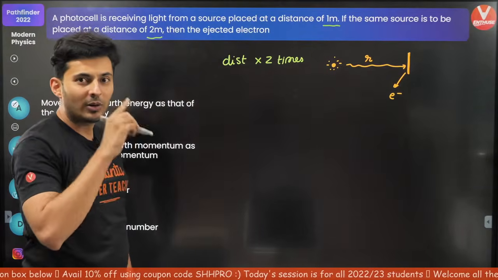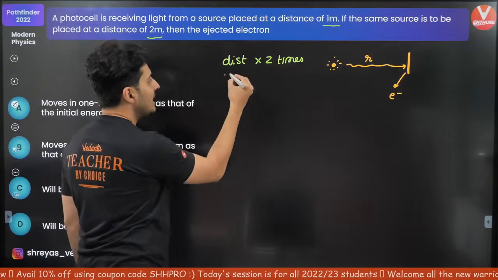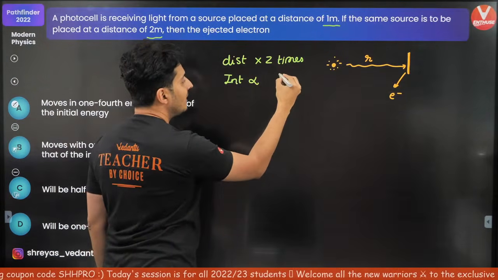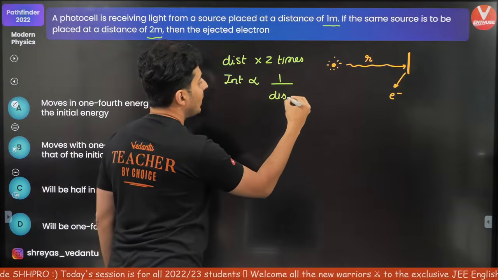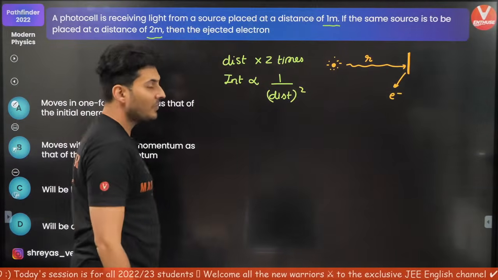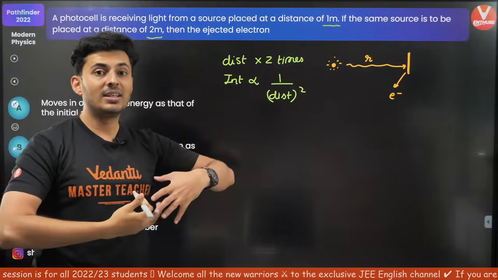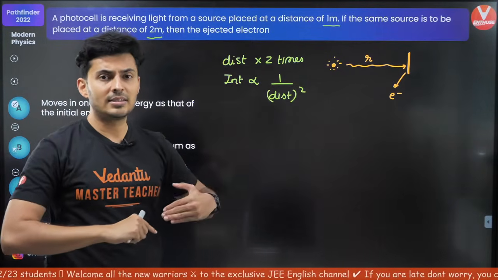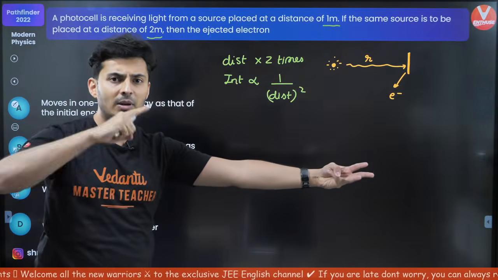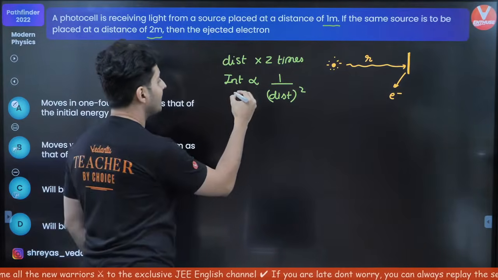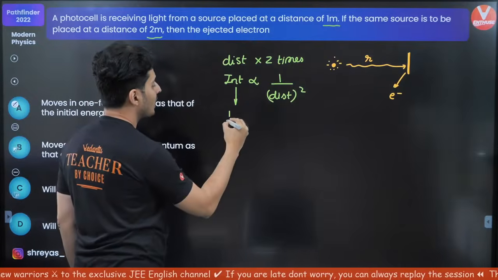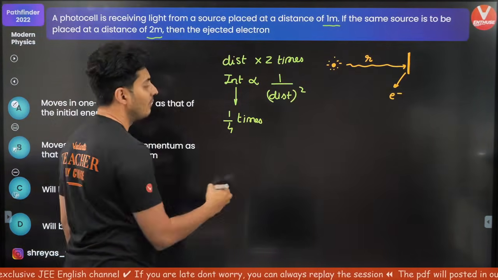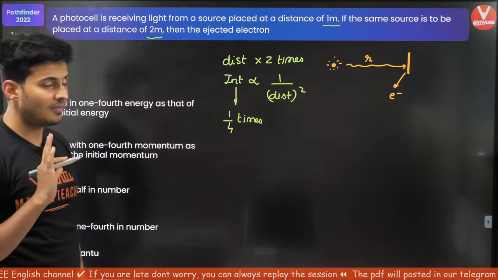Intensity of the light is inversely proportional to the square of the distance. If distance is made 2 times, intensity will become 1/4. Distance becomes 3 times, intensity will become 1/9. So basically the intensity will become 1/4 times. Everybody agrees to this fact?